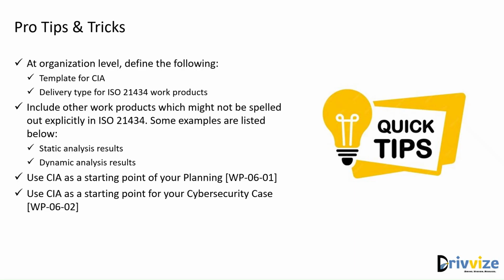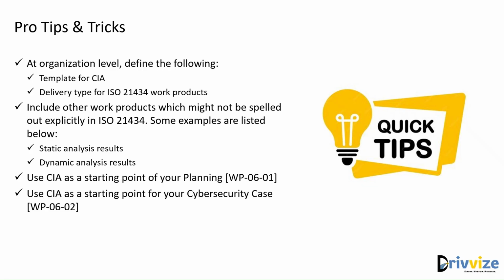So with the CAA, you know that, okay, out of the 42 work products that are given in the ISO 21434, you might have decided that you will be doing only 30. And so you need to plan only for those 30 work products in your cybersecurity plan. So that is another way we have felt it to be much more efficient to think about how you're going to do the activities. So this is one.